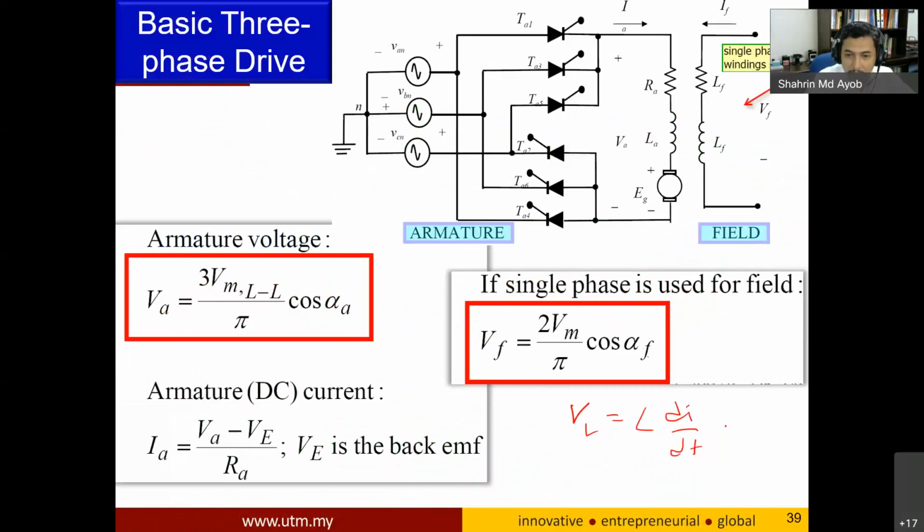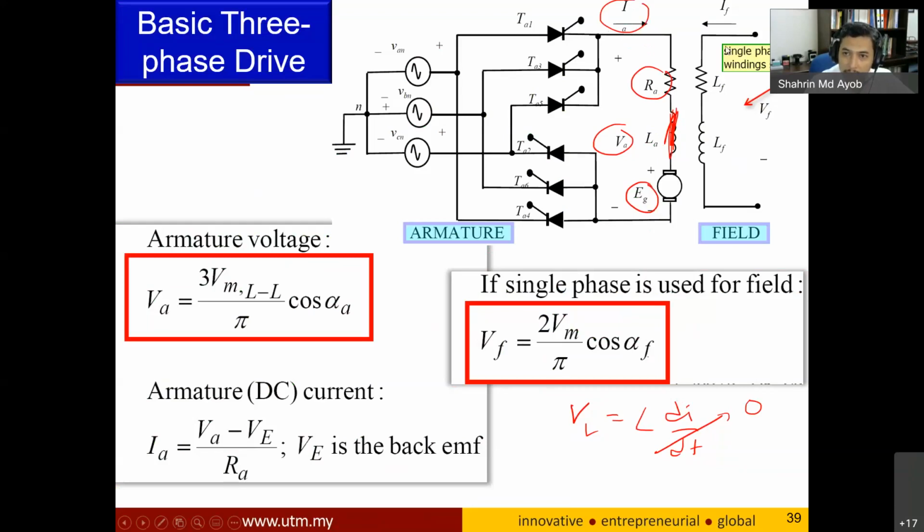In the steady state the current is steady, with no step change, so this becomes zero. So for the steady state, the inductor is short circuited. We have only VA, EA or sometimes EG, and RA. From that, you can calculate your armature current, and the armature current is at the rotor side.